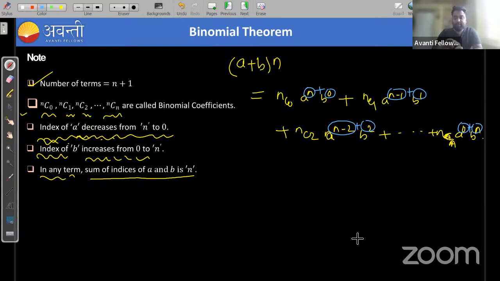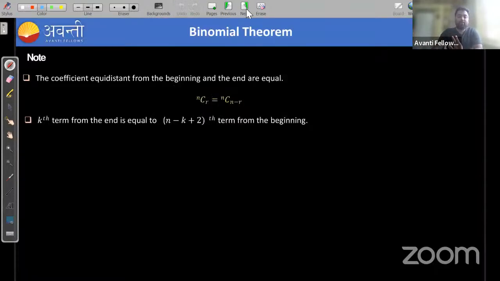Okay. So this is all about your binomial theorem. Now, there are two things left. The coefficients equidistant from the beginning and end are equal.